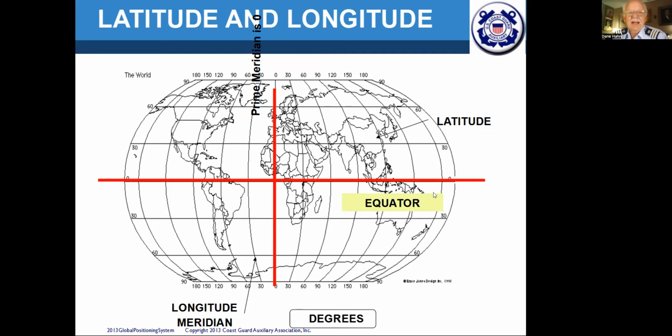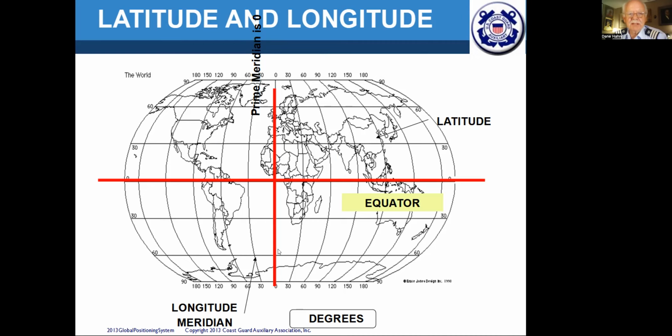Then everything in this quarter is north, because north is north of the equator, and west because this is the prime meridian, and so we are west. So everything in this area is going to be certain degrees north and a certain number of degrees west. That's just something that you'll be happy to know.